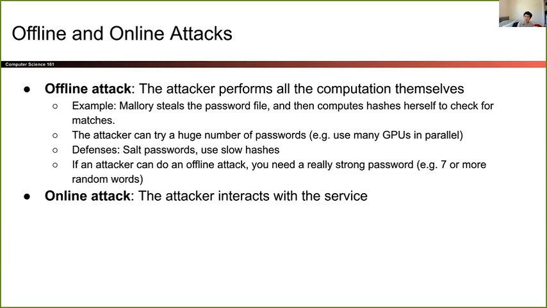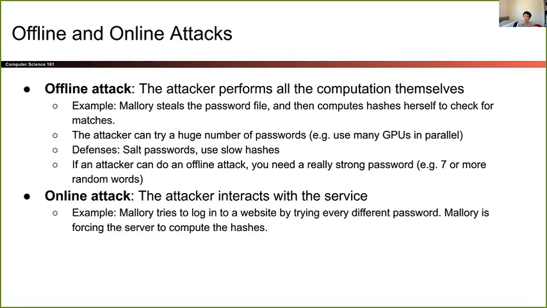In an online attack, instead of having the password hashes directly, the attacker interacts with the service. So if Mallory is trying to log into some website and she's typing in a bunch of different passwords to try to log in, Mallory is forcing the server to compute the hashes to try to figure out what the password is and let her in.